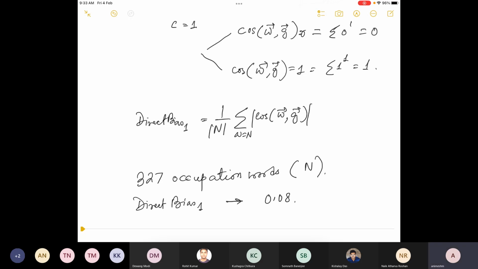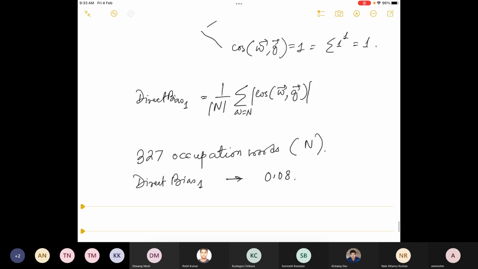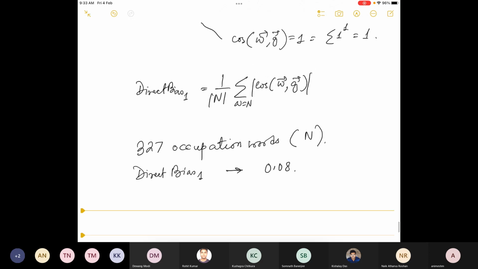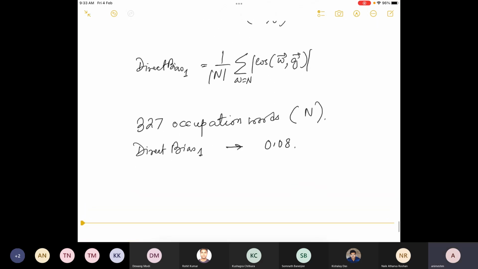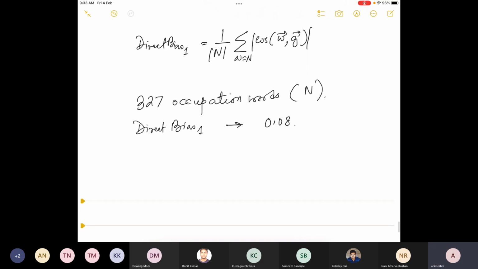So what do you think? Of course, direct bias is non-zero, so it exists. What do you think about the value? Small, big, very small?